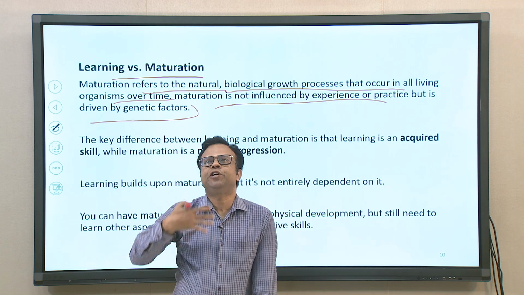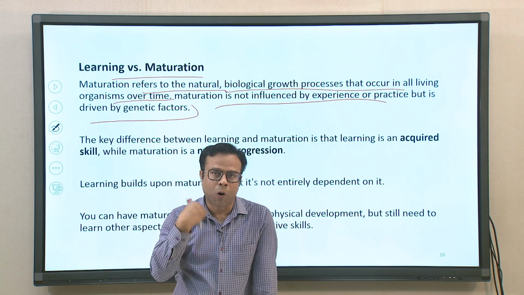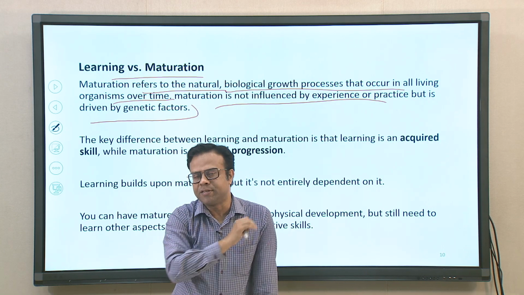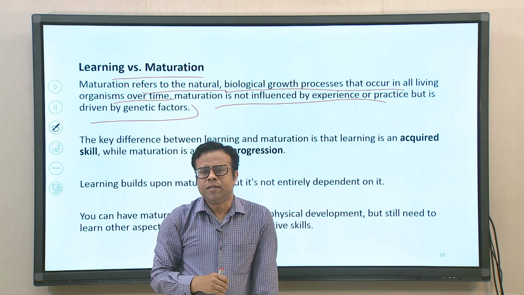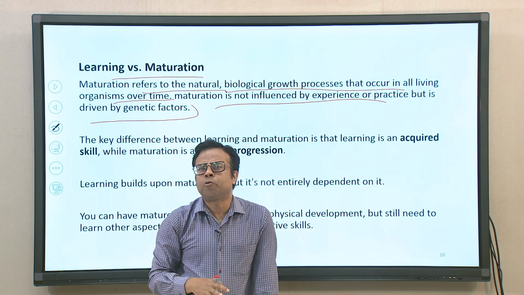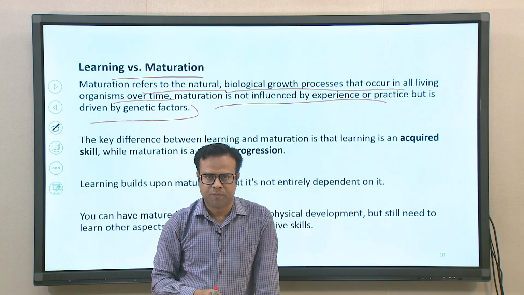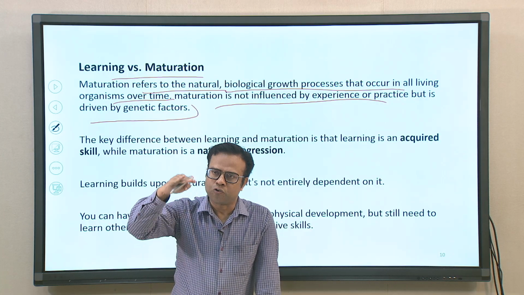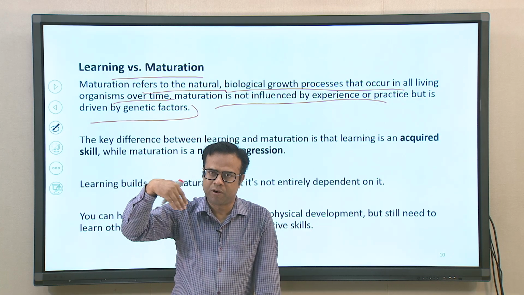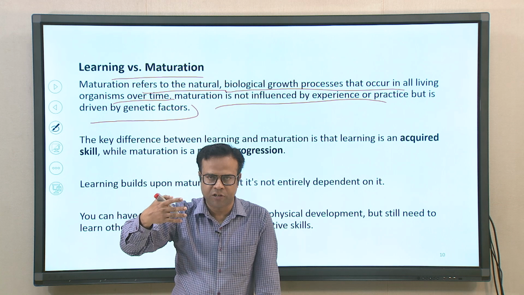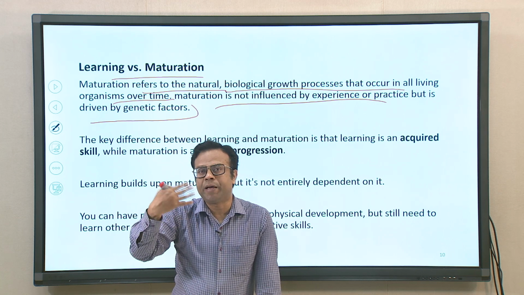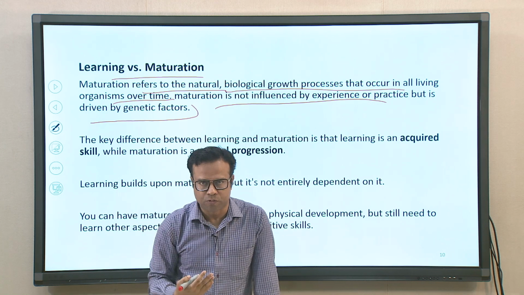Many times, a lot of new changes happen within all of us, including animals, automatically as a result of developmental processes. As the child grows, certain development happens in the body-mind structure, so they become capable of learning something new.